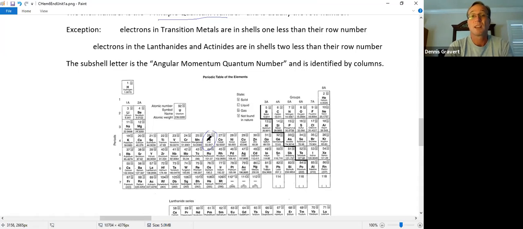It says no, the last electron is actually in the 3rd shell for iron. So we're going to have to remember that, yes, most of the time as you're going across and looking at the row number, that's the shell that the electrons are going into, except when you're in the transition metals. In this middle block, you're actually filling a shell 1 less. There it is, right up here. 1 less than your row number. So iron's last electron is going not into the 4th shell, no, it's actually filling the 3rd shell.